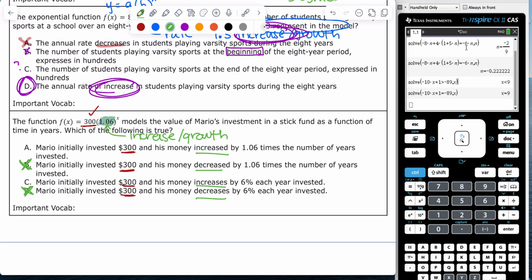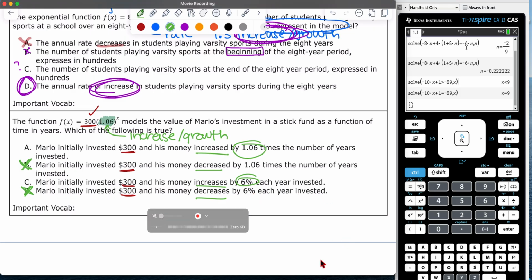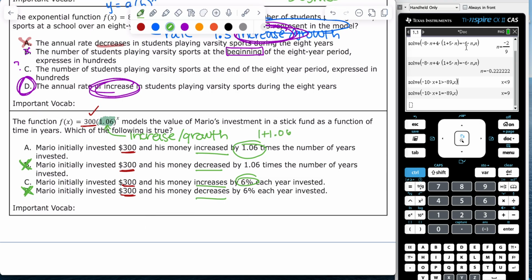So, what I need to see is, I have 1.06 and I have 6%. What we need to do is do the math. We have 1 plus 1.06 or 1 plus 6%. And that should give me the same number we got here. Okay? So, I have 1 plus 1.06.